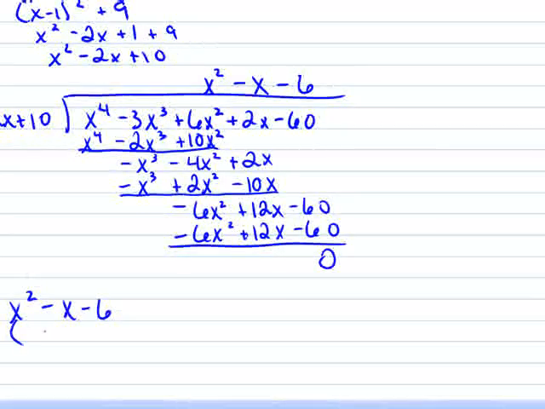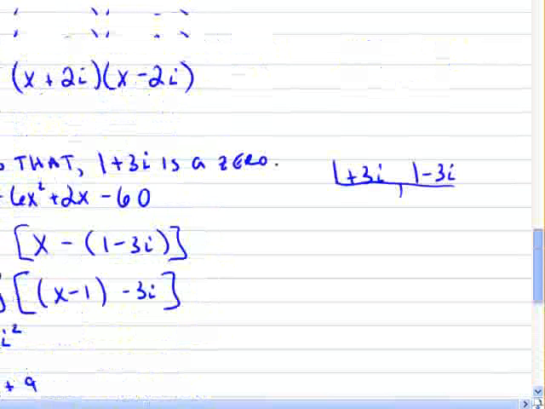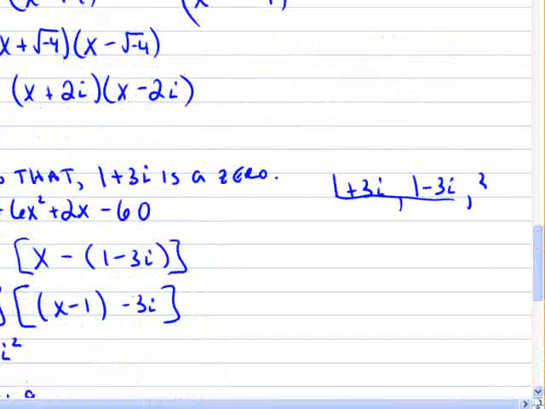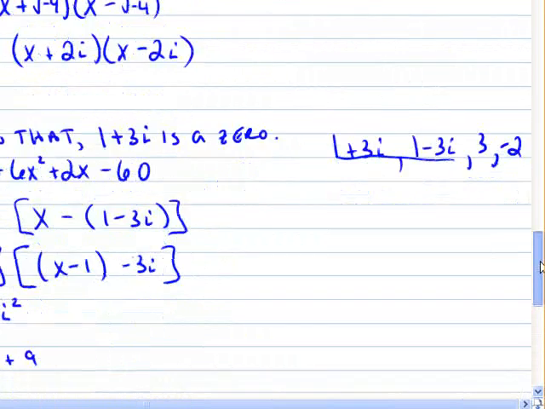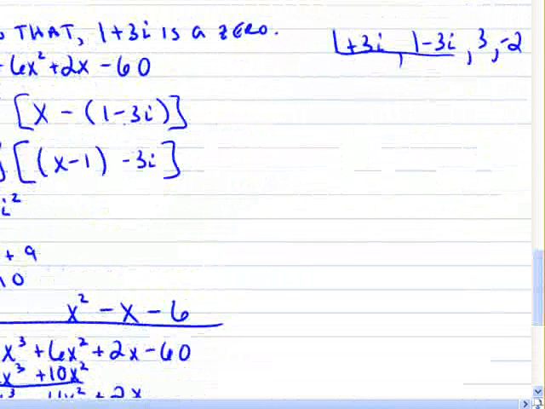And if it factors, it would be factors of 6 that have a difference of 1. And looks like x minus 3 times x plus 2 will fit the bill. So my full list of zeros, I have positive 3 and negative 2 to add to that.